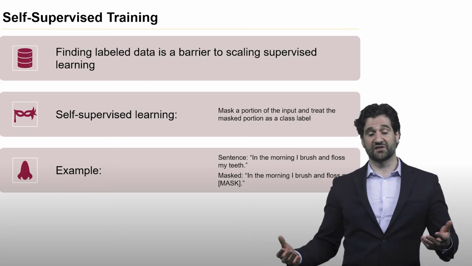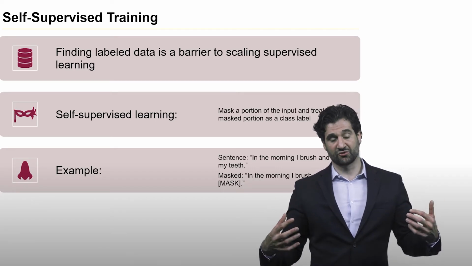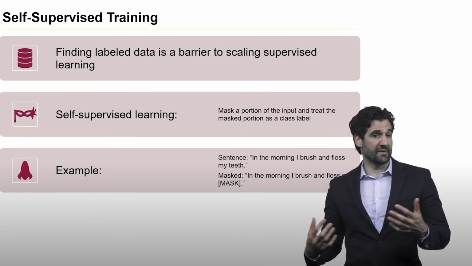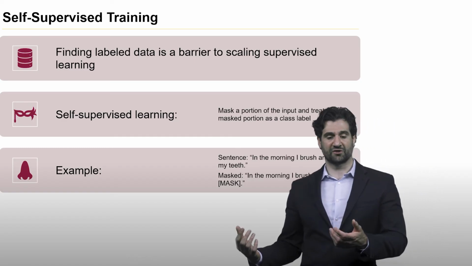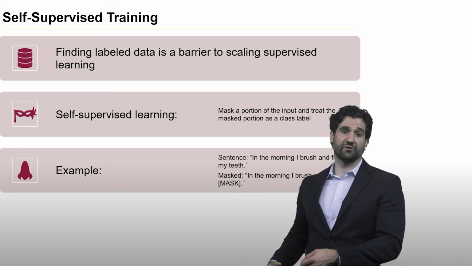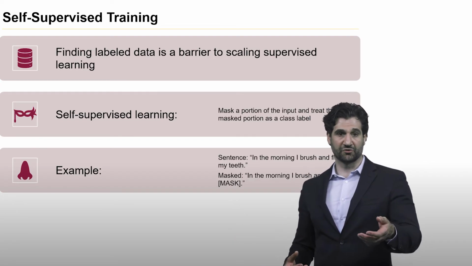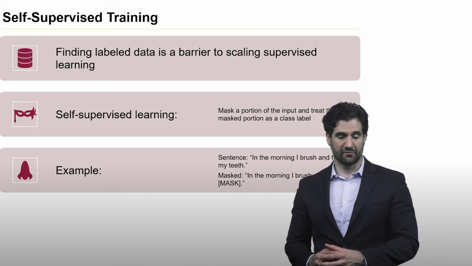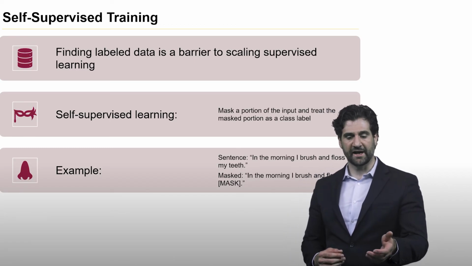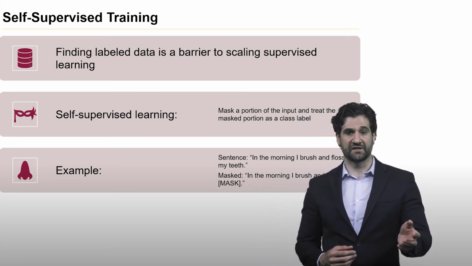So this idea of self-supervised learning is saying, hey, we've got this textual data. If we mask part of it, or if we arrange it in a certain way, we can draw conclusions from that without relying on labeling. This idea of masking, which is one of the things done with the BERT model, is you might have a sentence like: in the morning, I brush and floss my teeth.